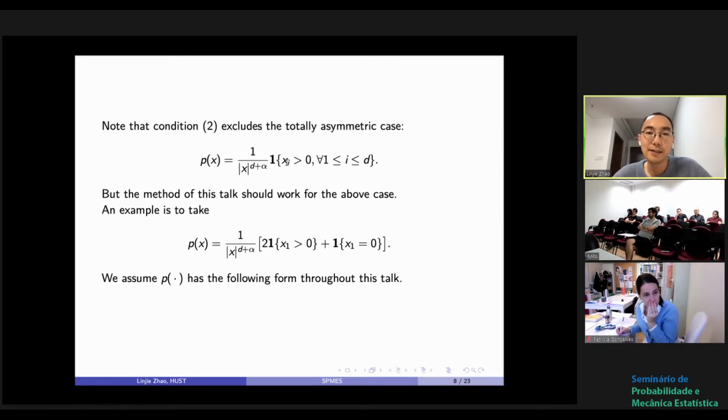But I assume the second condition only for convenience, and I think the method should work for this case. And in the second part, we will see why I assume the second condition. And it is not hard to find an example satisfying the above two conditions. For example, we could take p to be this form, where p only has drift in the first direction.